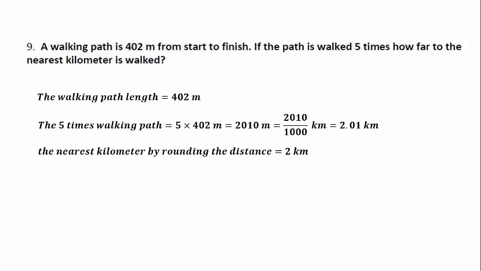But if the digit after the decimal point is less than 5, the number stays as it is. So that's what happened in this problem. As you see, the nearest kilometer by rounding the distance equals 2 kilometers.